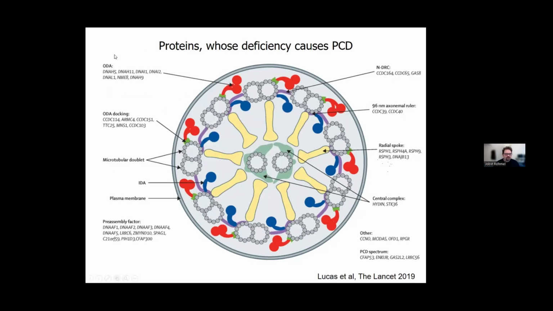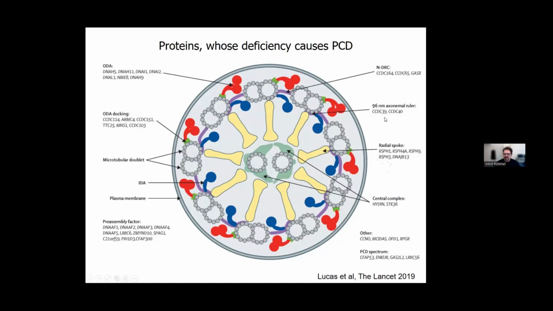For example, for the outer dynein arm, there's DNAH5 and DNAH11. Those are genes and proteins that are important for proper beating, and also, for example, pre-assembly factors. That means they are not in the cilia, but they are needed when the cilia proteins are assembled, and defects lead, for example, to inner and outer dynein defects.